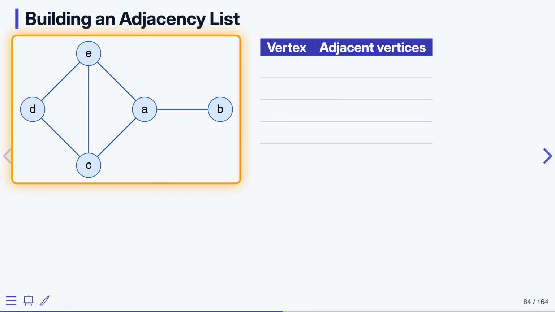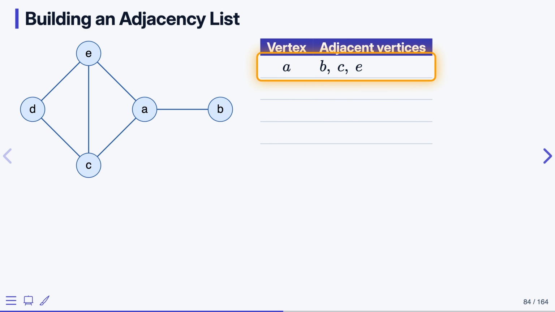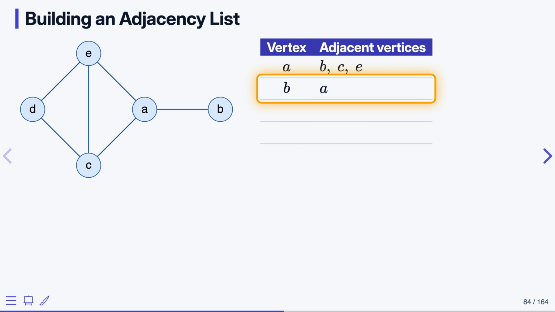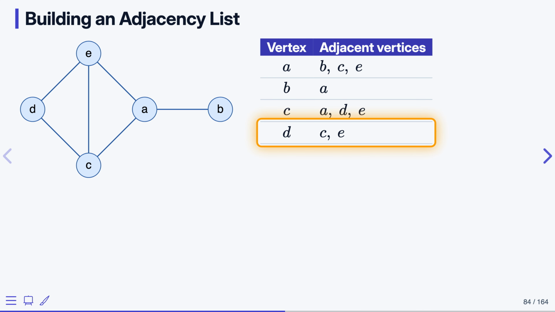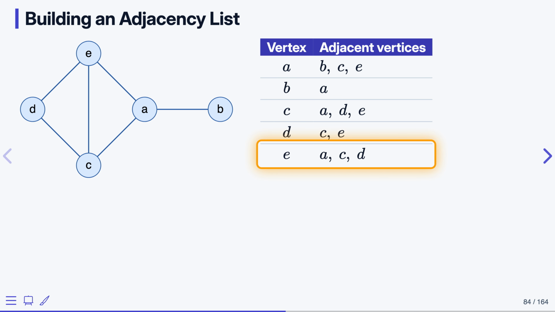Let's build the list for this graph, 1 vertex at a time. Vertex A, walk out along every line from A, we reach B, C, and E, so the row for it is B, C, E. Vertex B, only 1 line leaves B, and it goes to A, so the row for B is just A. Vertex C, from C we reach D and E. Vertex D, from D we reach C and E. Vertex E, from E we reach C and D. Now a useful check.